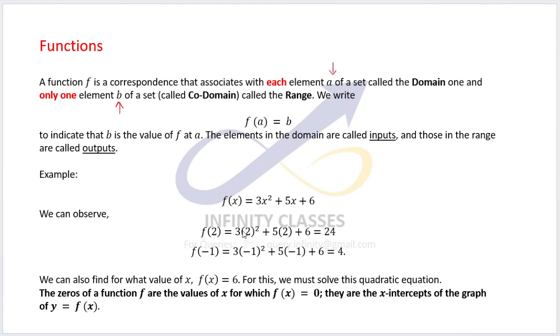So 3 times 2 whole square, because x is 2, plus 5 times 2 plus 6. And whatever value it comes out to be will be the value of the function. This is called the value of the function. This is called the input to the function.